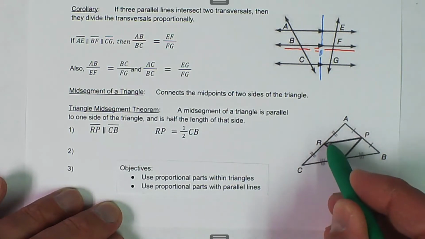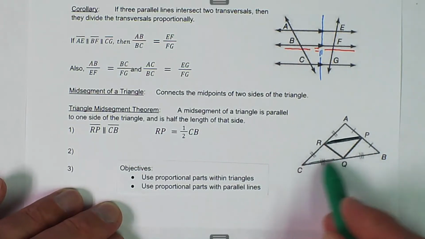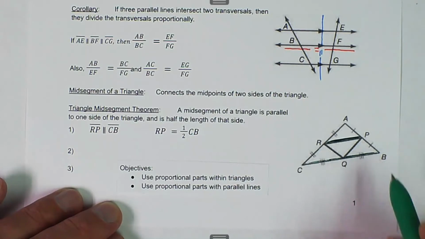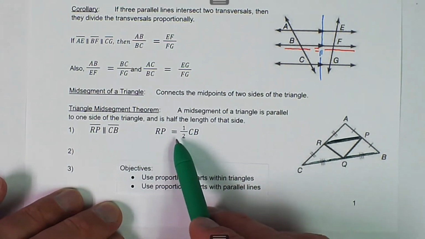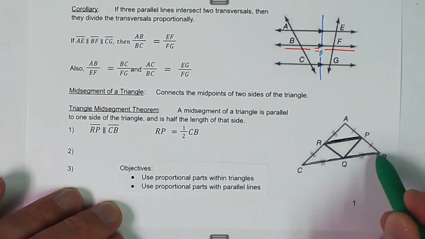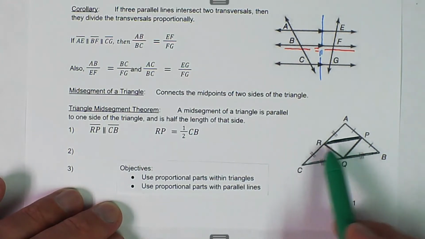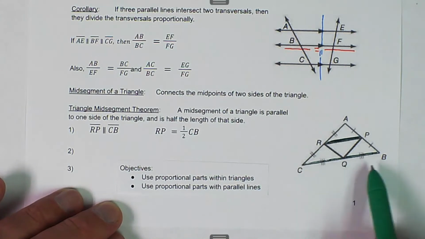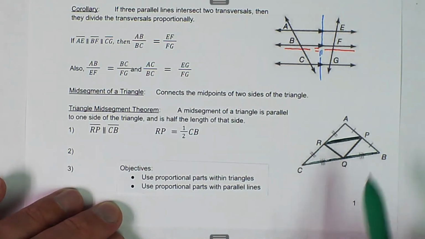So we have RP, which is right here, and that is parallel to CB, which is right here. Then RP is equal to 1/2 of CB. And this makes sense, hopefully, that RP is going to be smaller than the full thing, CB. And then the relationship of 1/2 is calculating the average.